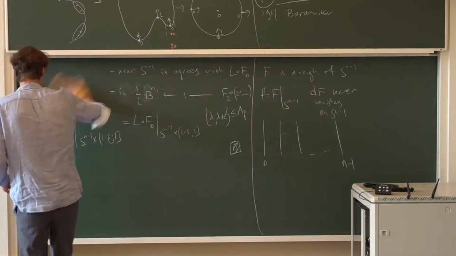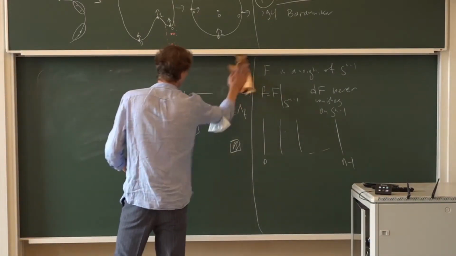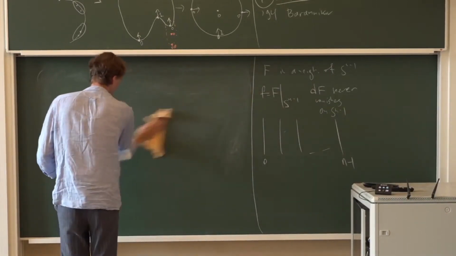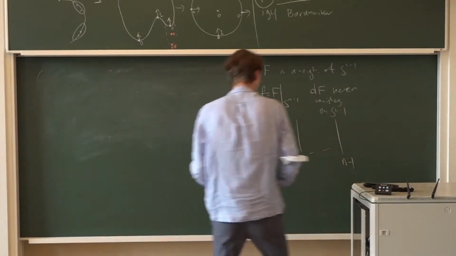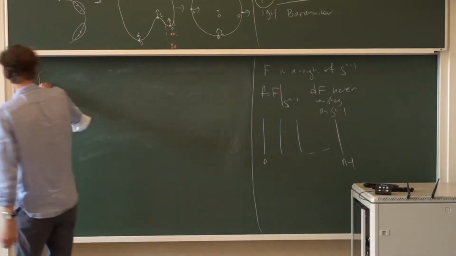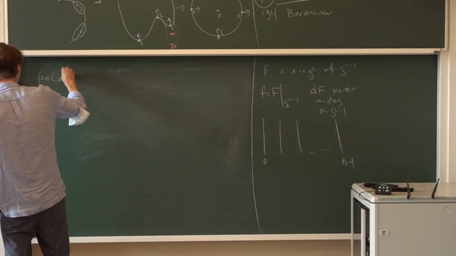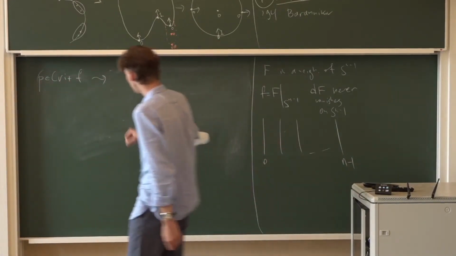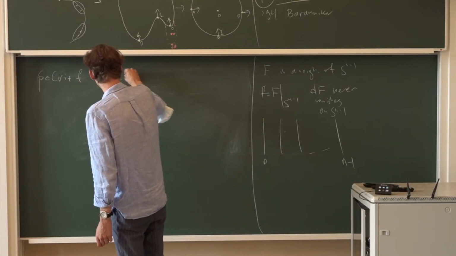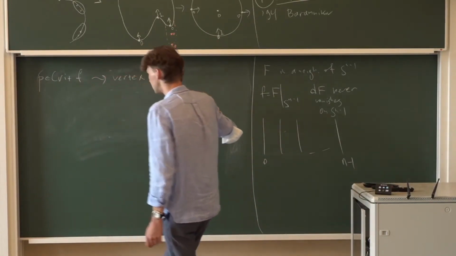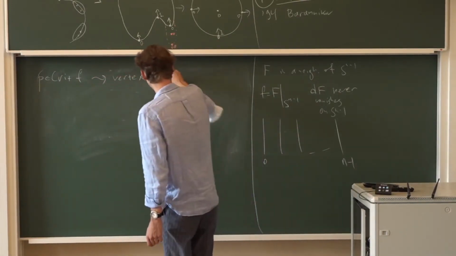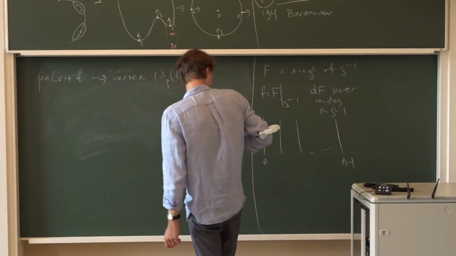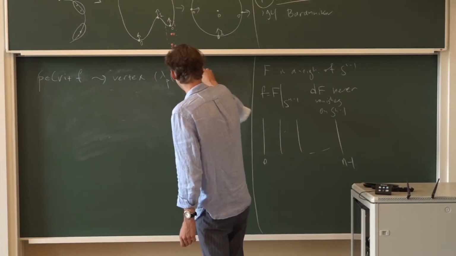So if you have a critical point of the function on the unit sphere, then you put a vertex with coordinates: first the Morse index of this point, and the vertical coordinate is the value of the function at this point.